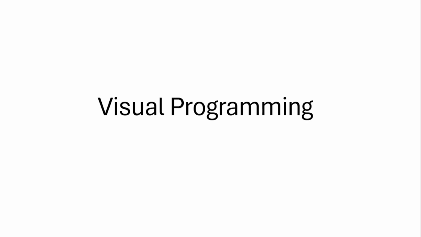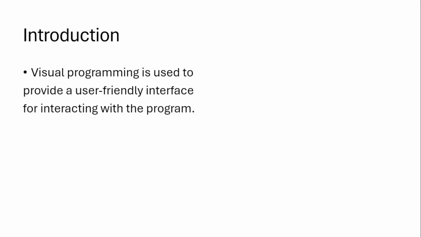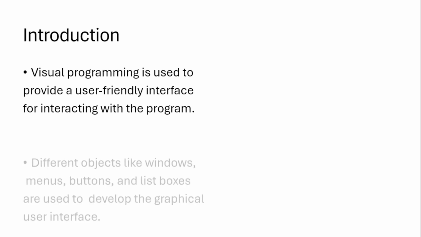What is visual programming? Visual refers to anything related to sight or vision. It can describe images, colors, graphics, or anything that can be seen. Visual programming is used to provide a user-friendly interface for interacting with the program.